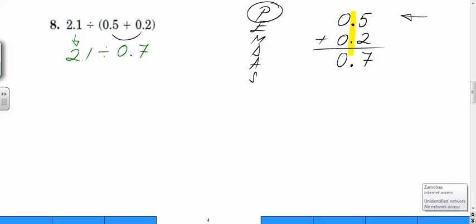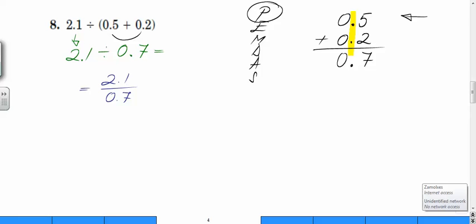Now, as you notice, you're dividing two numbers with decimals. You can move on and just perform this division, or you may say, well, this is the same as 2.1 over 0.7. When you divide, you have a quotient, you have a fraction.